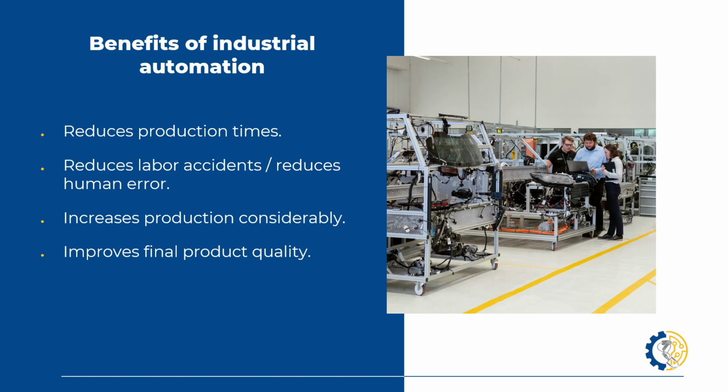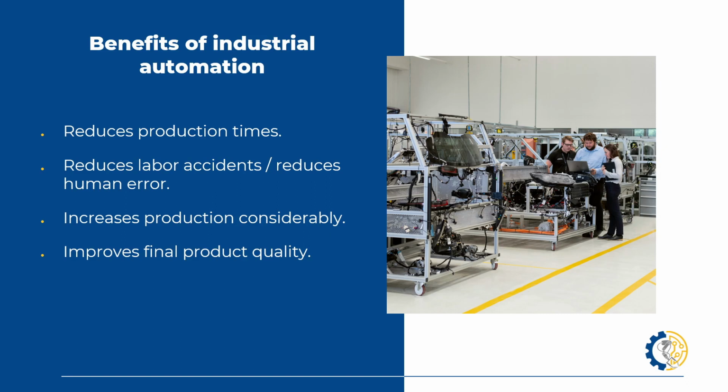Now, this decreases production time. Yes, it does. But it's not the same thing as an automatic process where we decrease labor incidents. Because of the same thing, a machine, you need to automate it and you need to maintain it.